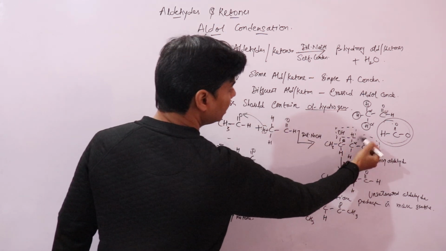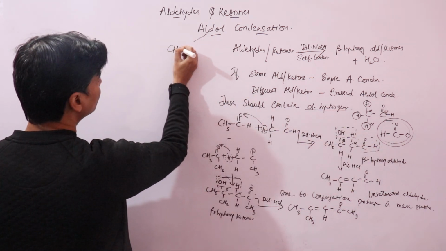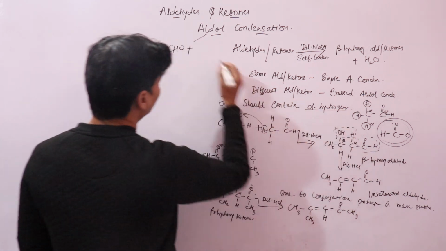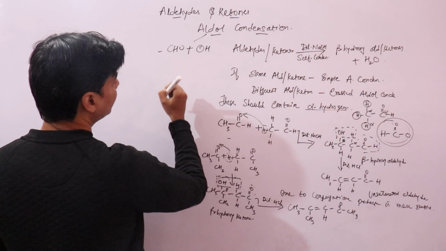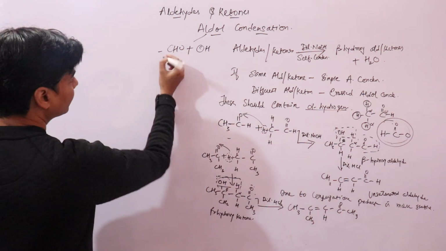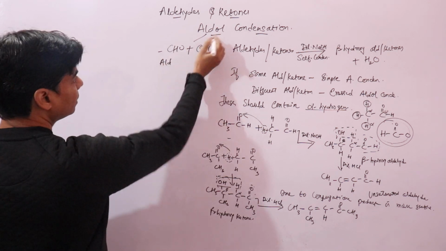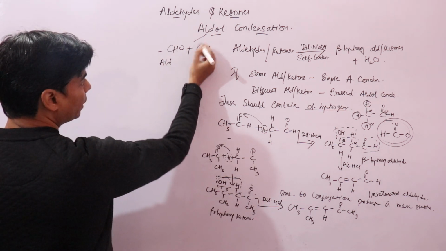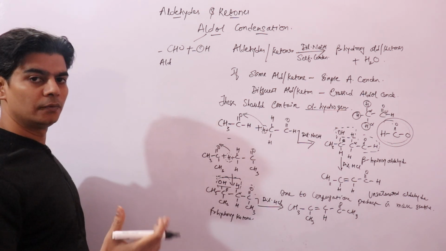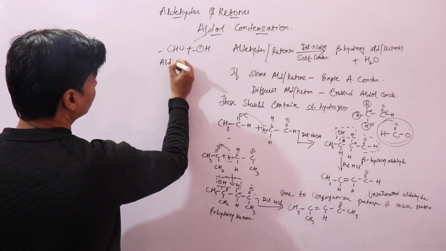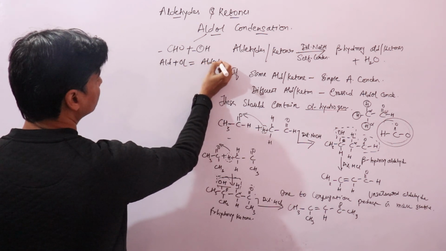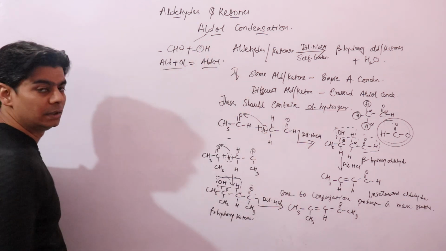It contains your aldehyde group CHO, and it also contains your OH alcohol group. So ALD is from aldehyde, and OH is alcohol. For alcohol we use OL. Plus OL, so this will make it aldol. That is why we call it aldol condensation.